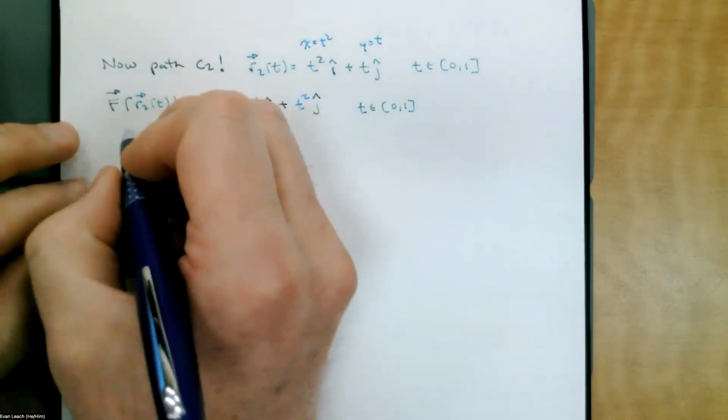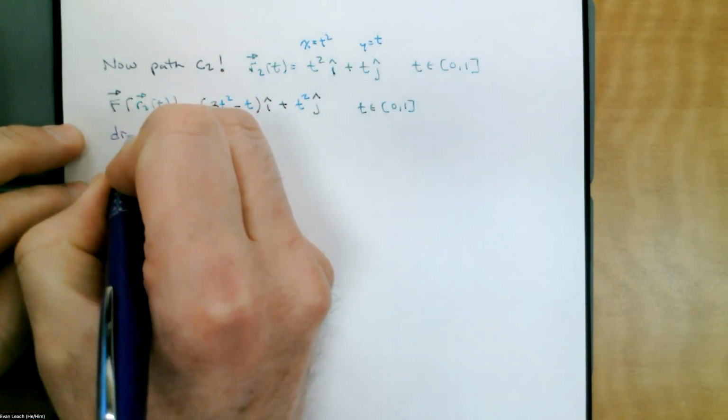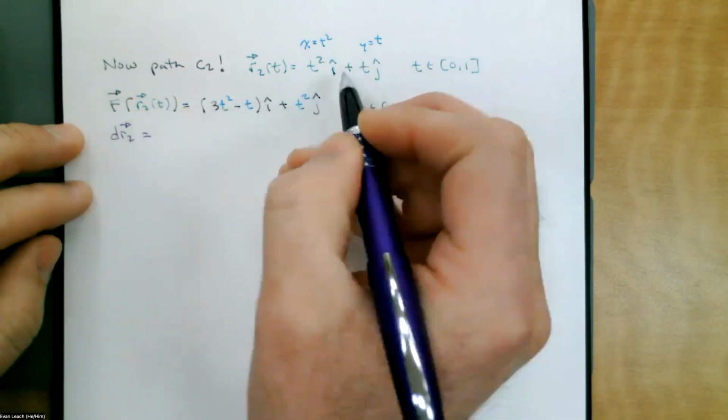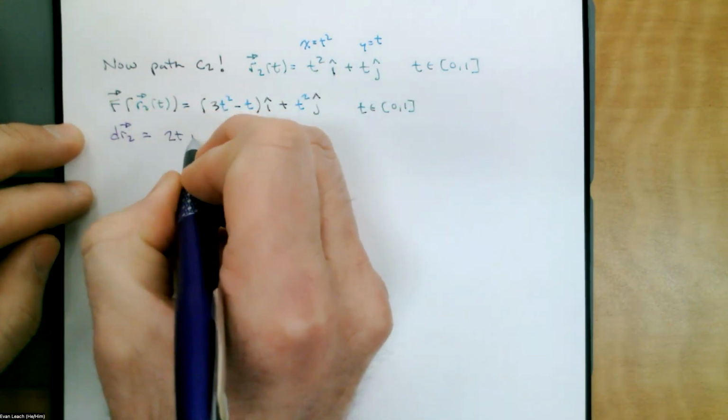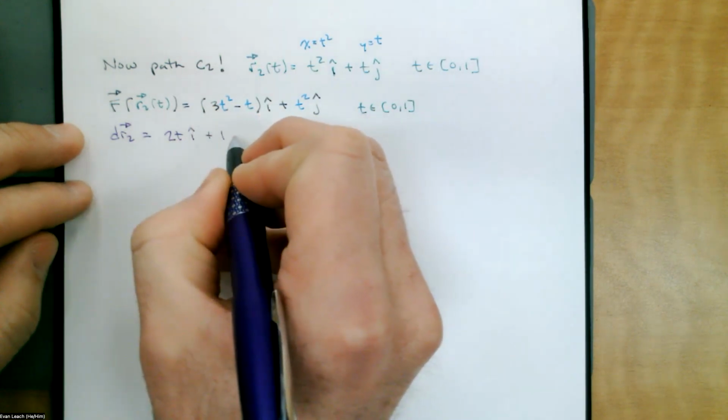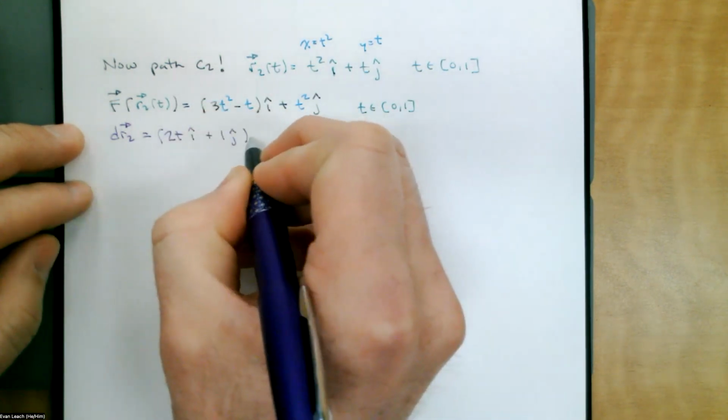And I also need my dr. So the derivative here is going to be 2t i plus 1 times j dt.